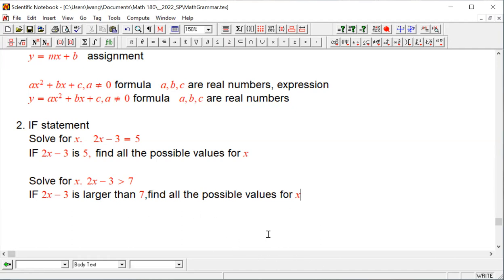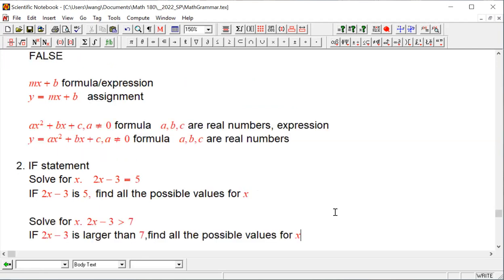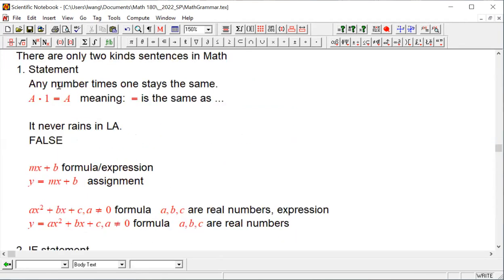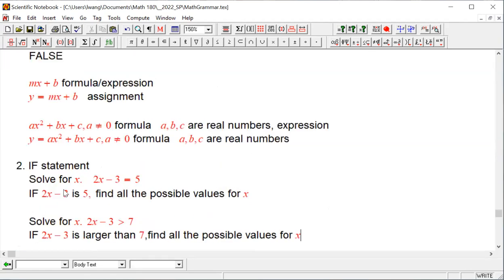So you can see in mathematical context, you have a statement which could come in different forms and shapes, but they're just statements. They can be true, can be false, or be an if statement.